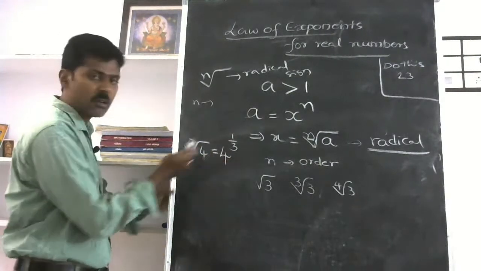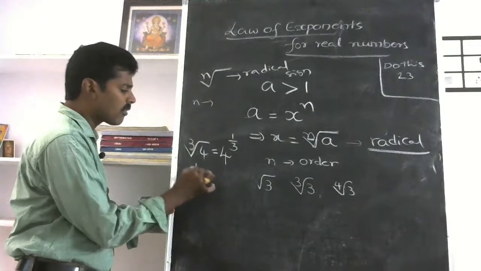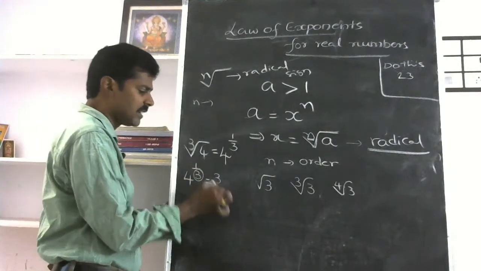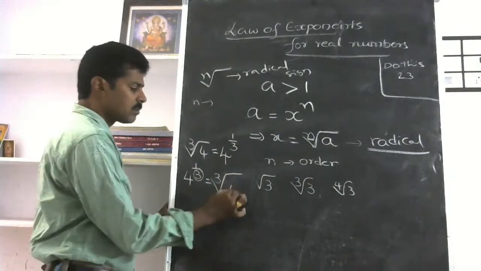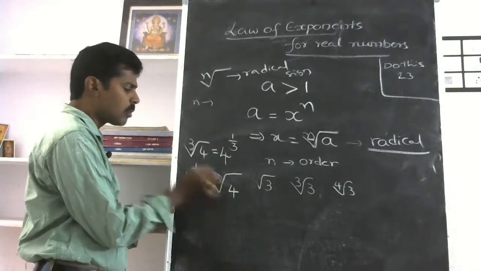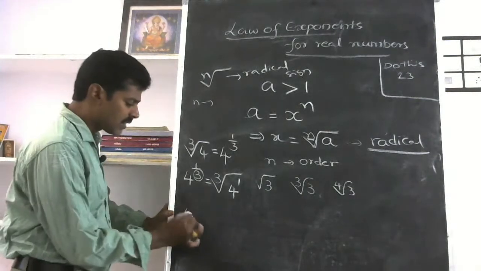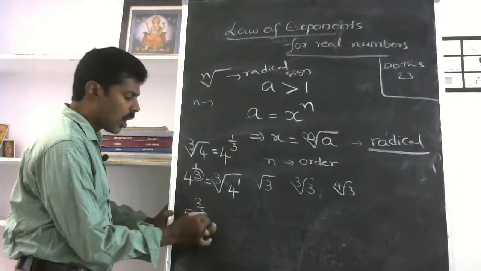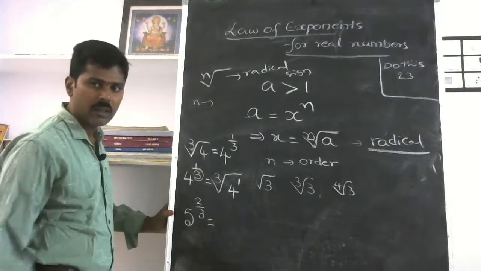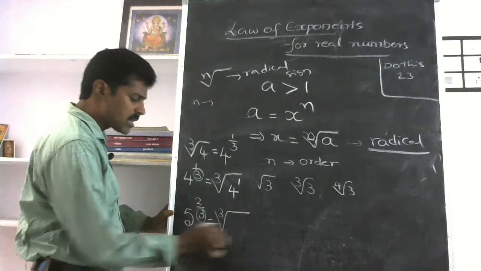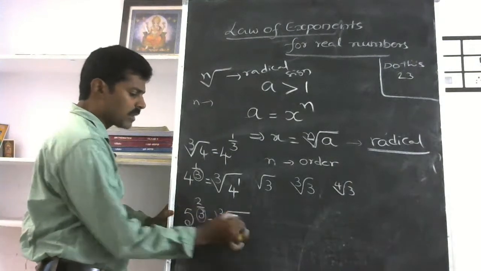And exponential to radical: if you go with 4 power 1 by 3, the denominator should be the order of the surd, the base should be the base, and the numerator will be the power of the number. For example, if I have 5 power 2 by 3, how can I write it in radical form? The denominator should be the order, cube root, the base will be the base, and the numerator will be the power.